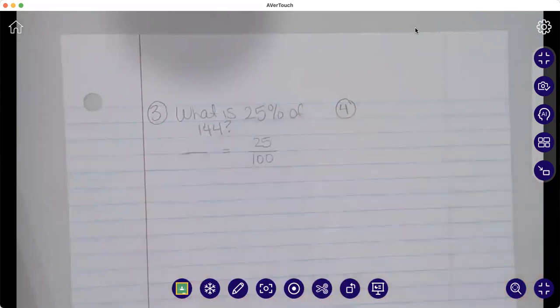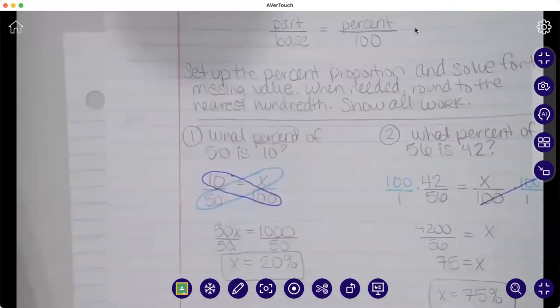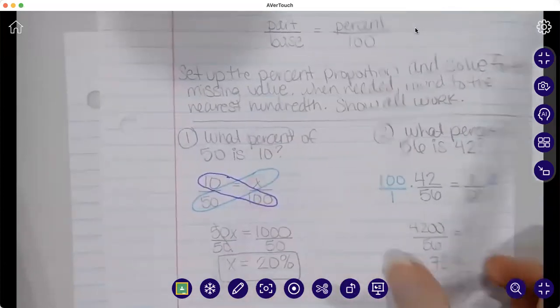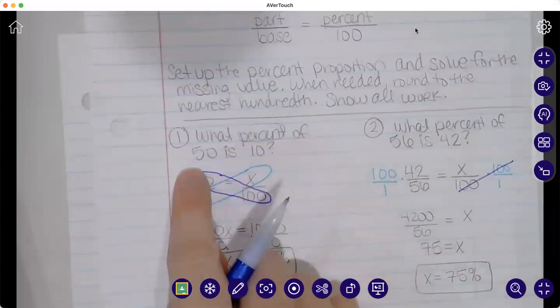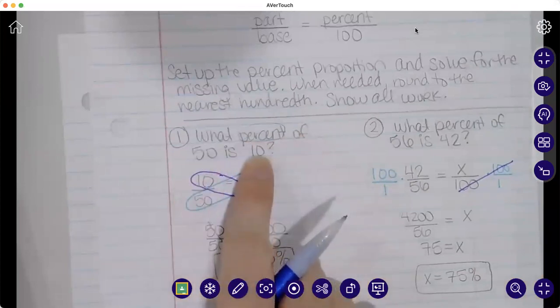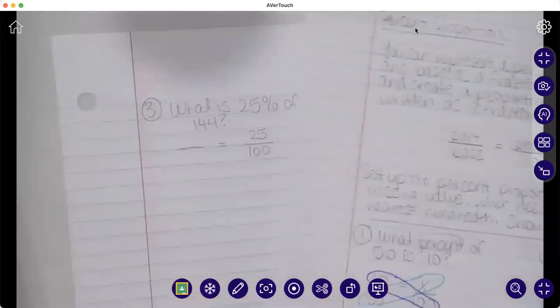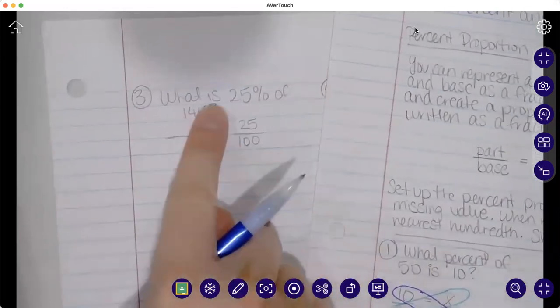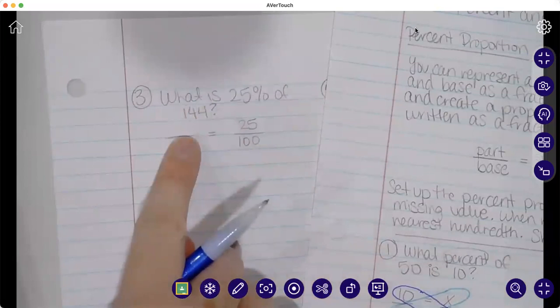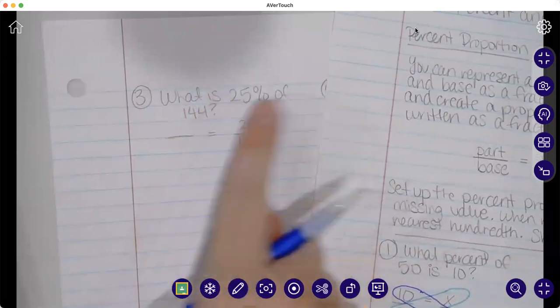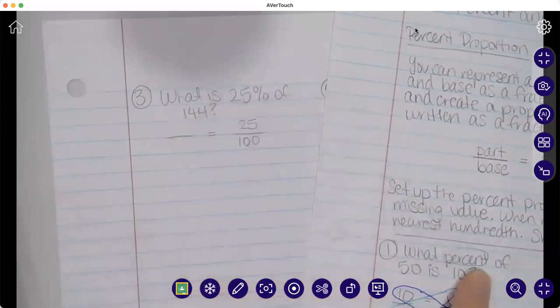Now, if we look back at the previous problem, we'll see that we have some matching words. We have what percent of 50 is 10. And the 50 was in the denominator and 10 was in the numerator. Now in this question, it says, what is 25% of 144? So you see how is and of are used in both problems.